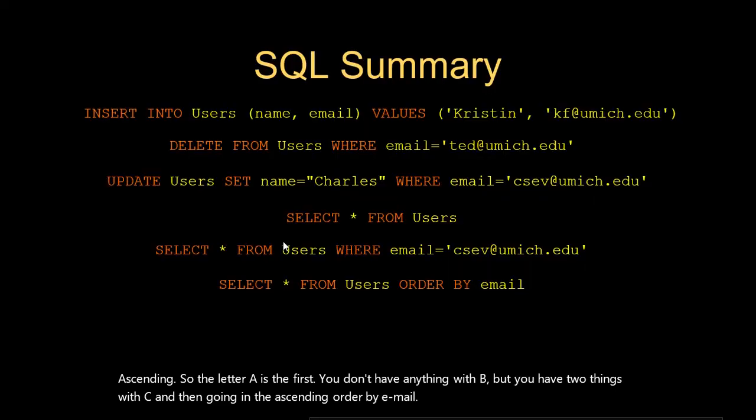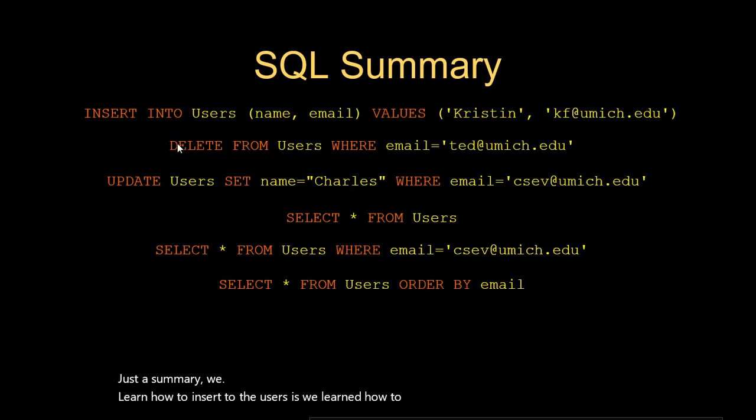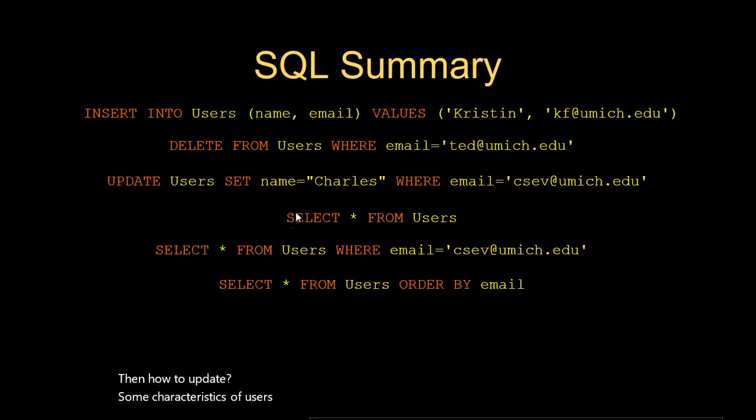So just a summary, we learned how to insert to the users. We learned how to delete something from the table. We learned how to update some characteristics of users. We're able to select everything from users.